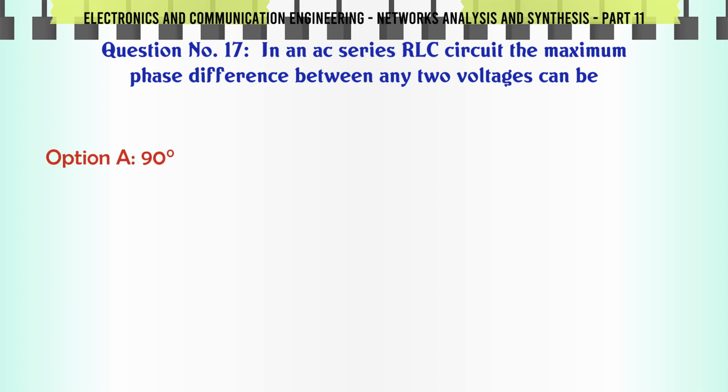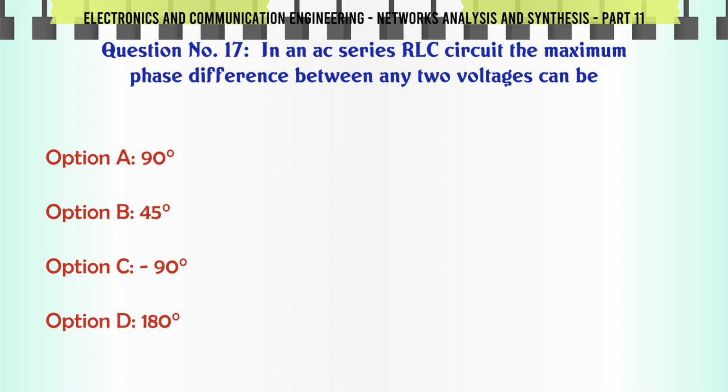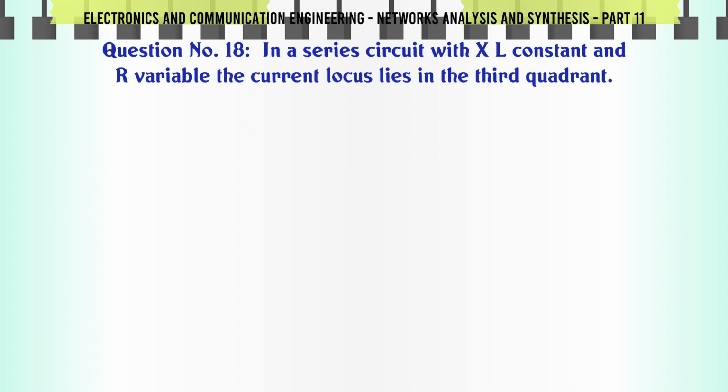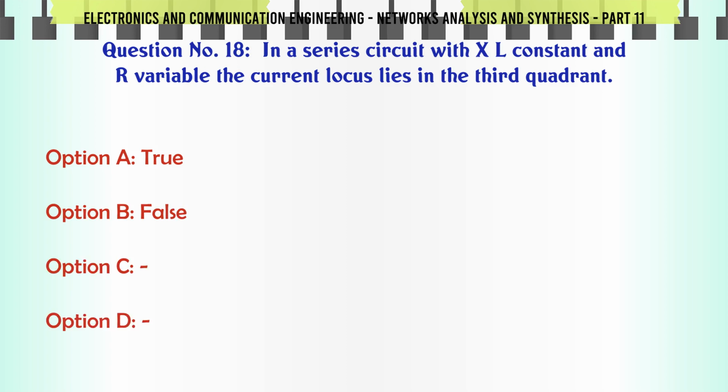In an AC series RLC circuit, the maximum phase difference between any two voltages can be A 90°, B 45°, C 90°, D 180°. The correct answer is 180°. In a series circuit with XL constant and R variable, the current locus lies in the third quadrant. A true, B false.